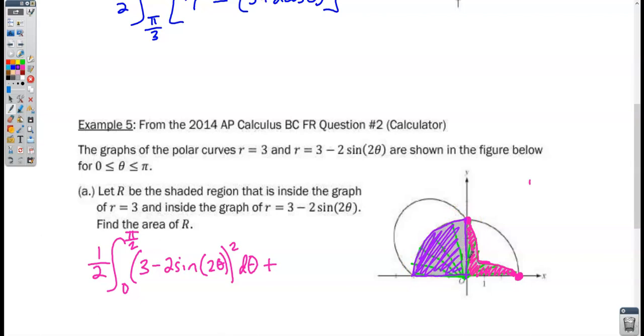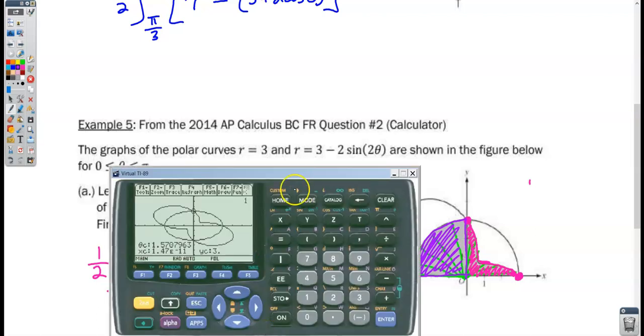I could just say, hey, this is a quarter of a circle with radius 3 and do it that way. Or I can find the area inside the curve from pi over 2 to pi. Doesn't really matter which one of those you do, as long as you do one of them and add it to the area of the other region.